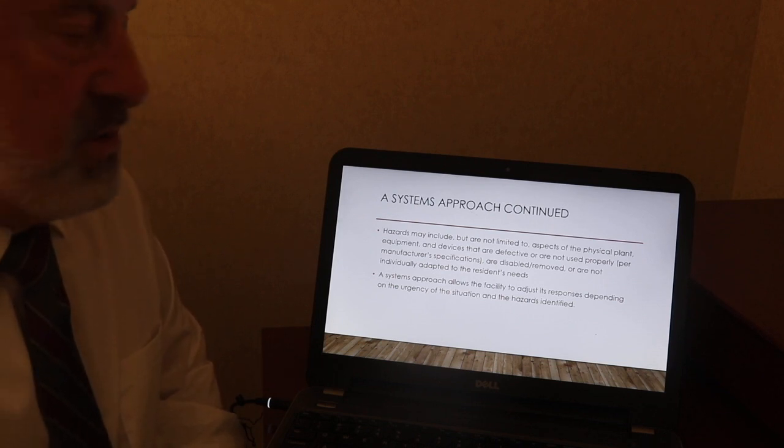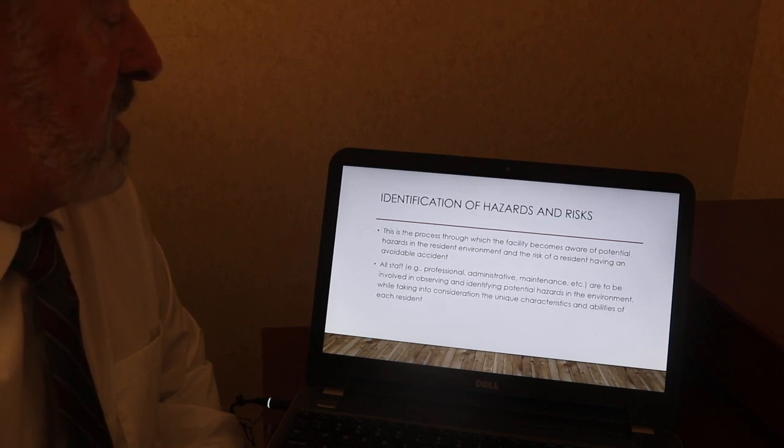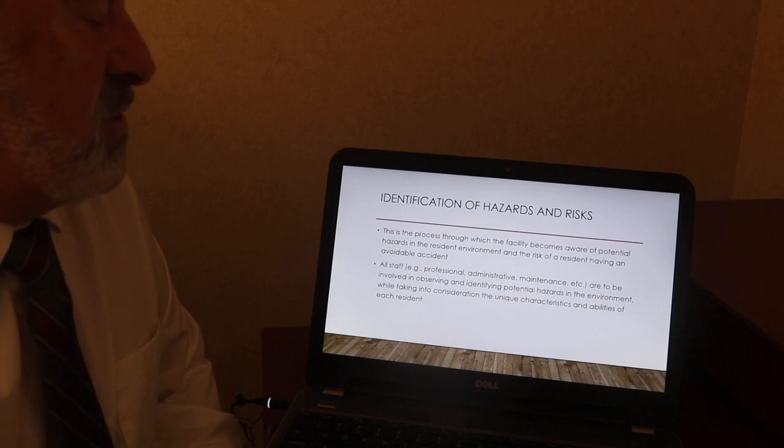A systems approach allows the facility to adjust its responses depending on the urgency of the situation and the hazards identified. This is the process through which the facility becomes aware of potential hazards in the resident environment and the risk of the resident having an avoidable accident.